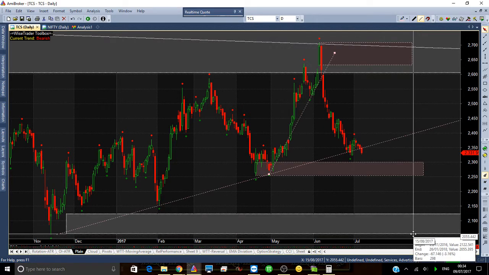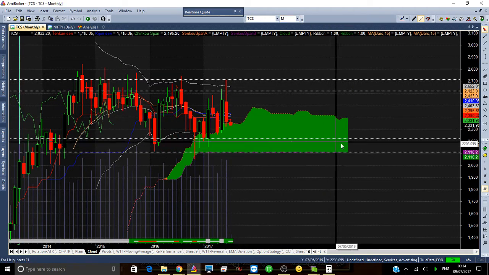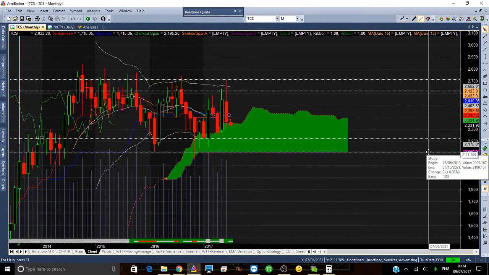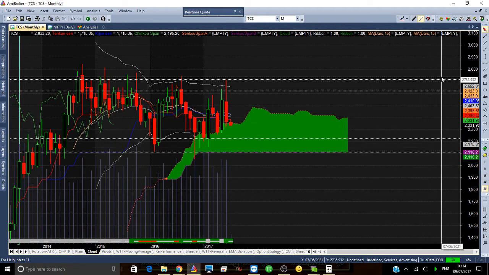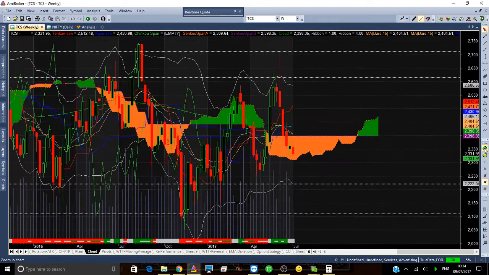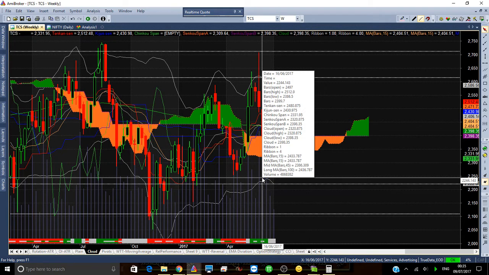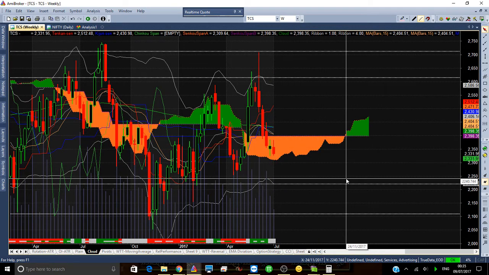So between 2050 and 2700, let's quickly look at the clouds. On monthly cloud, you've got very good support, 2100, 2111. Weekly clouds, a little bit of a sideways picture here, so this may actually become a good bet for selling. Clouds are not telling a good story.